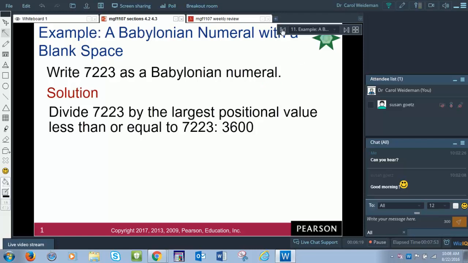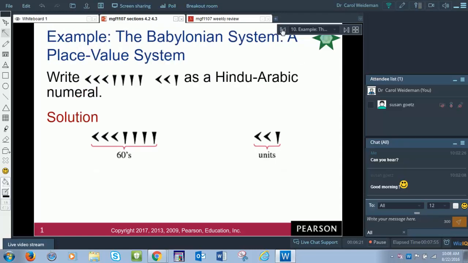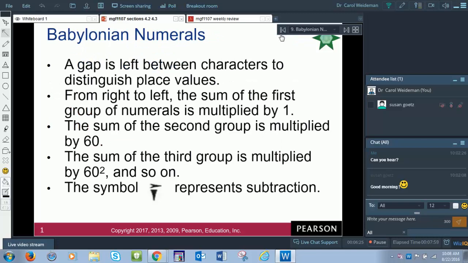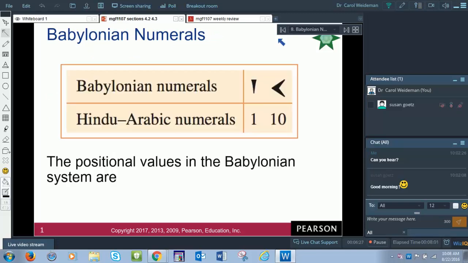So if I skip back just for a second to the slide where I had the positional values, hold on a second. No, it wasn't there, hold on. It's on the prior slide. Yep, here it is. Okay, so here are the positional values in the Babylonian. 60 cubed, let me just multiply real quickly.